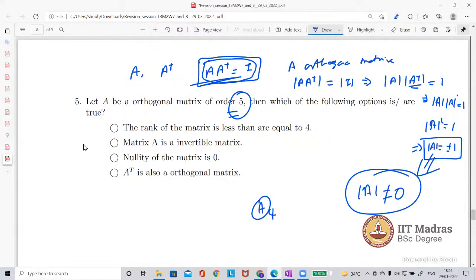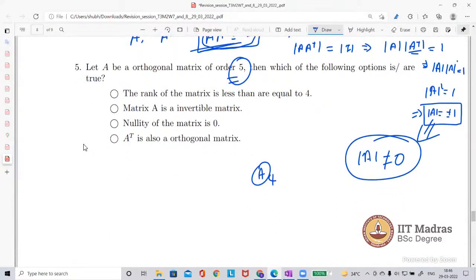Another thing is to use the rank-nullity theorem for the matrix, to decide the nullity. Rank plus nullity equals the order of the matrix. So rank is 5, and the nullity we want to find is equal to 5 minus 5. So nullity in such a case is 0.